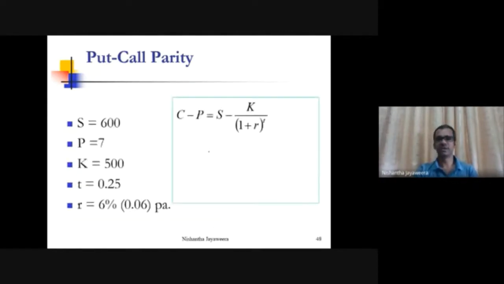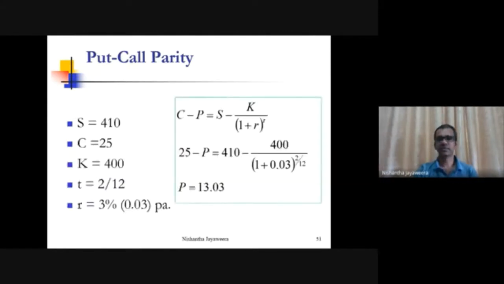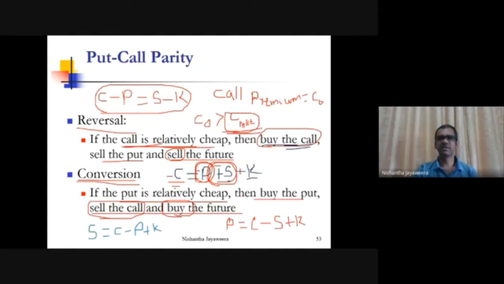So here what we can do, there will be cash flows when you buy the call and sell the put premium. Plus K, if we generalize this, is the discount or any other asset.